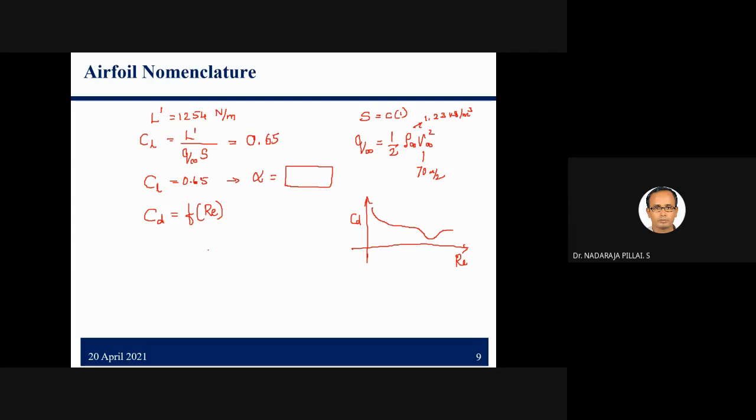So how to calculate the Reynolds number? What is the formula? Rho infinity V infinity C by mu. So what is the Reynolds number? Please calculate and let me know.